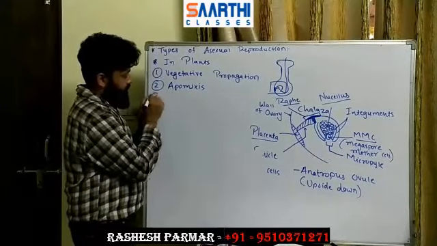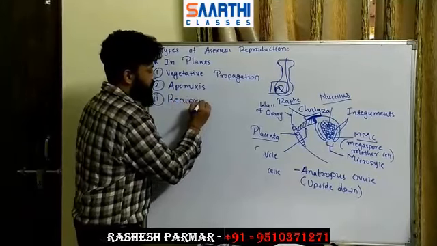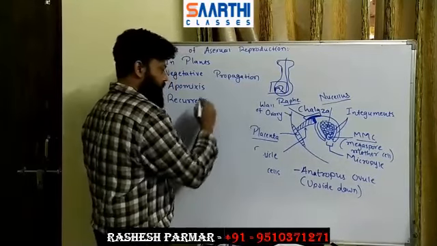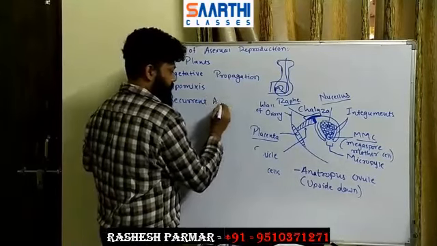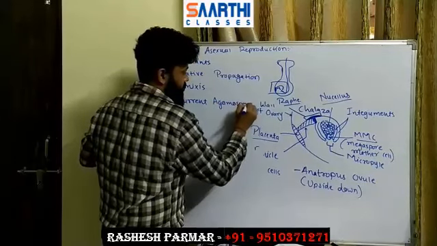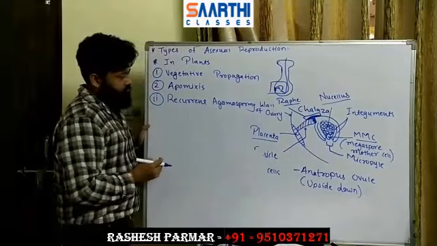The second type is recurrent agamospermy.